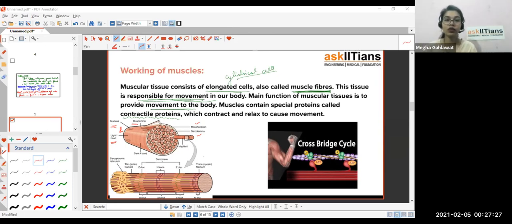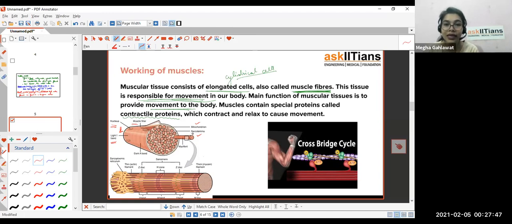Think of sarcolemma as a component which is forming tube-like structures in the skeletal muscle fibers, and it is present at regular intervals so that it can help in the proper movement of the muscle.